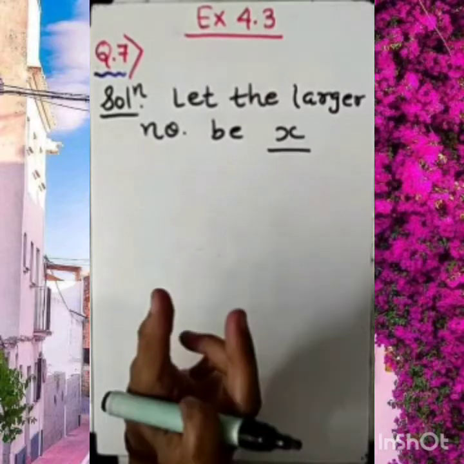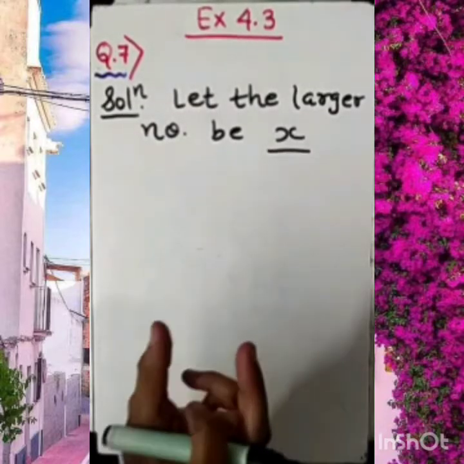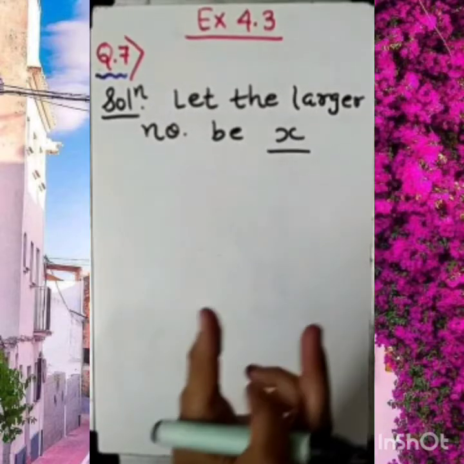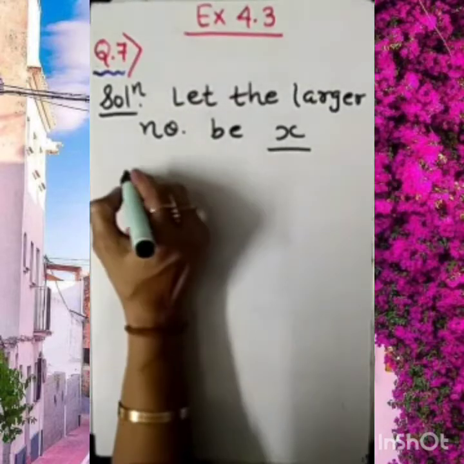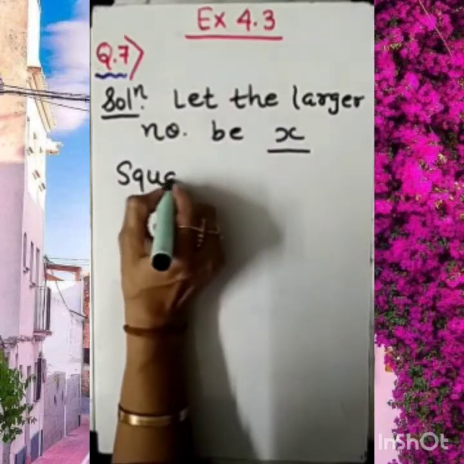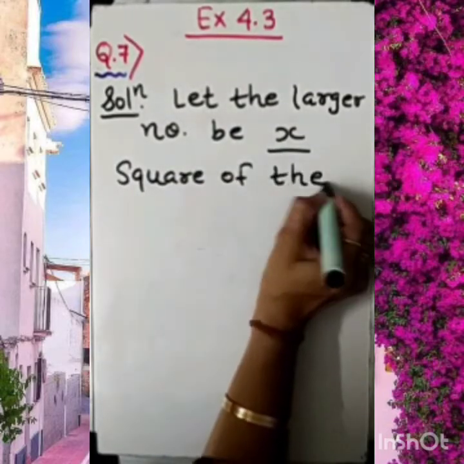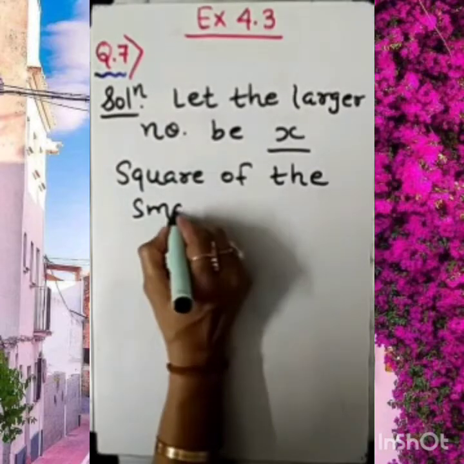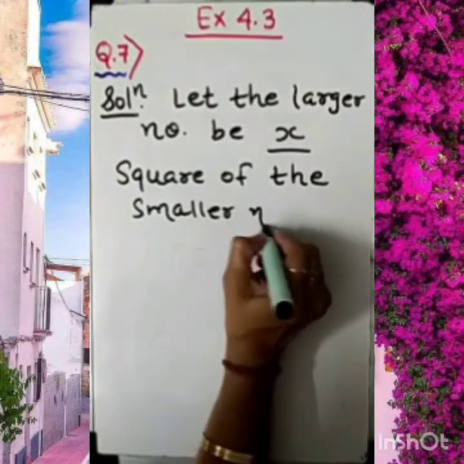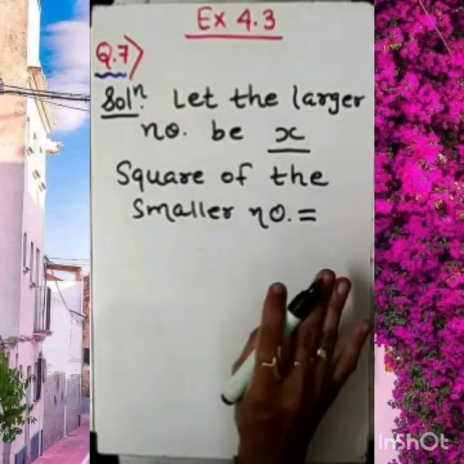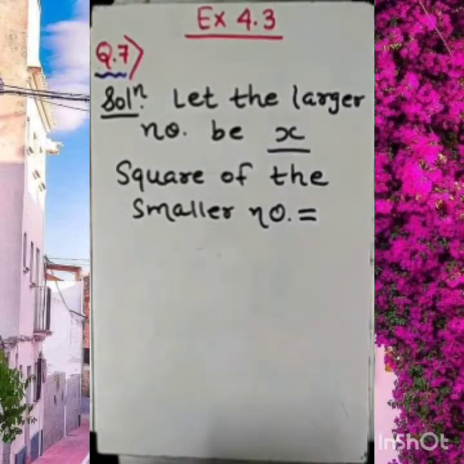They have given, this line is very important. I am reading it again for you. The square of the smaller number, so let's note down the square of the smaller number, that is we are given 8 times the larger number. 8 times the larger number means what?